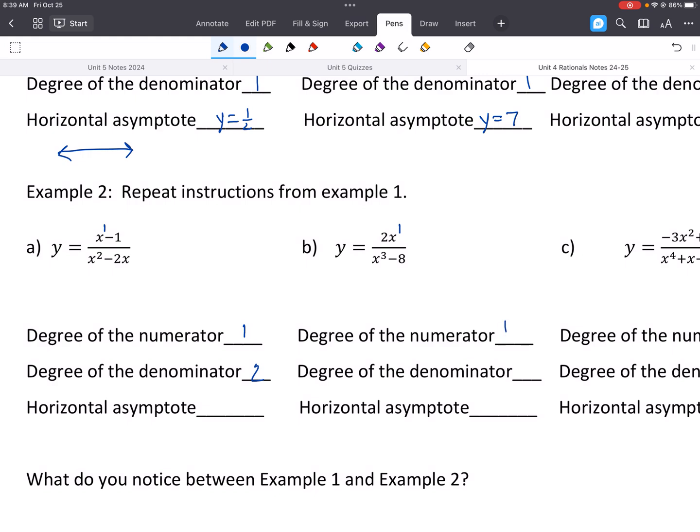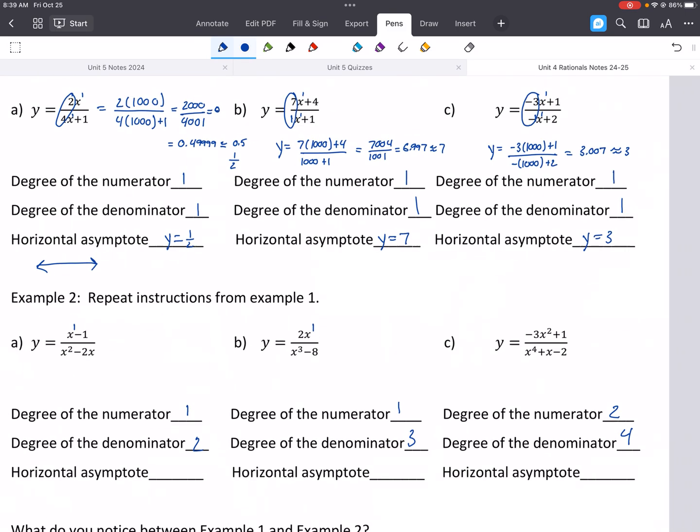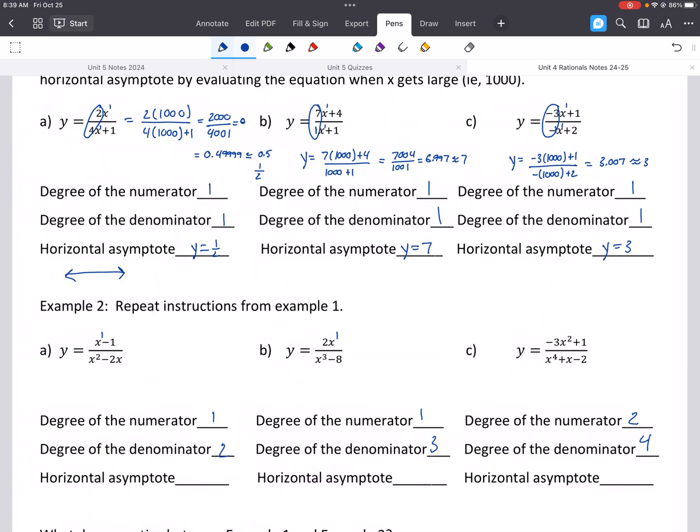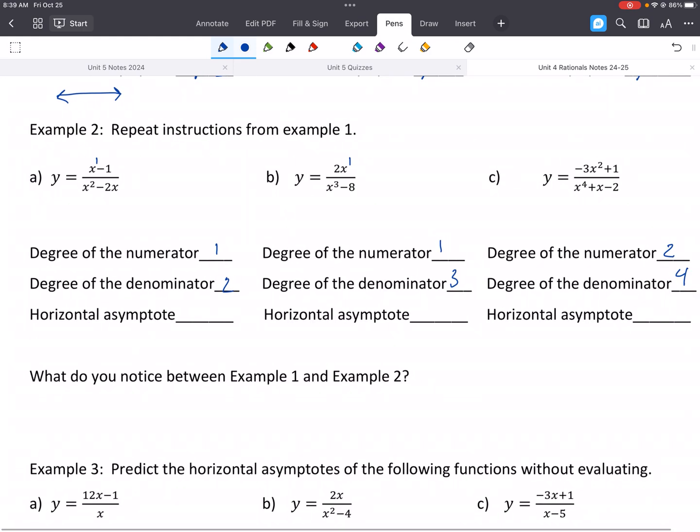Here we have a 1 and a 3 for the numerator and denominator, and here we have a 2 and a 4. So these are not all the same. Like up above, that was always 1 and 1. It would also be okay if it was 2 and 2 or 3 and 3, as long as they're the same degree. But these are not the same degree.